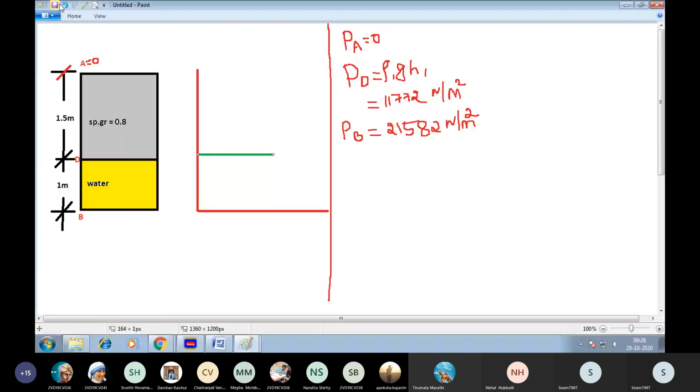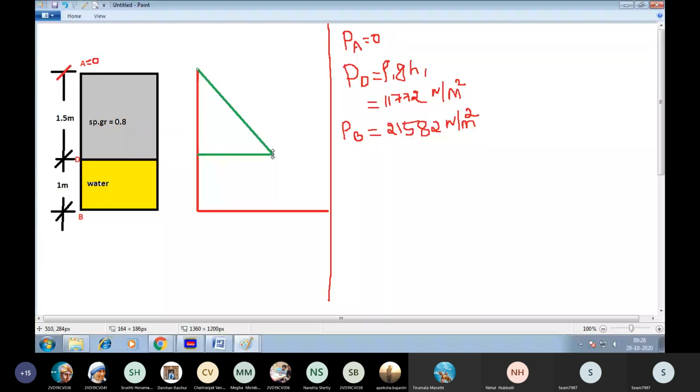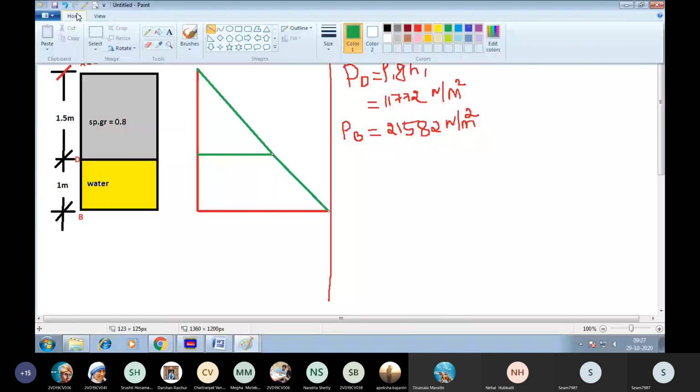And this is 21,582. Just join the points. So I am going to join the points like this. Okay. Next, plot a perpendicular here.